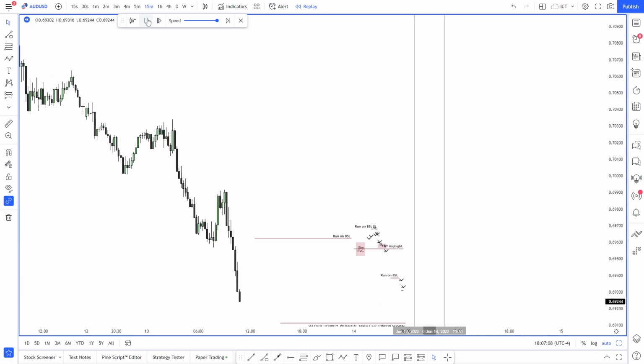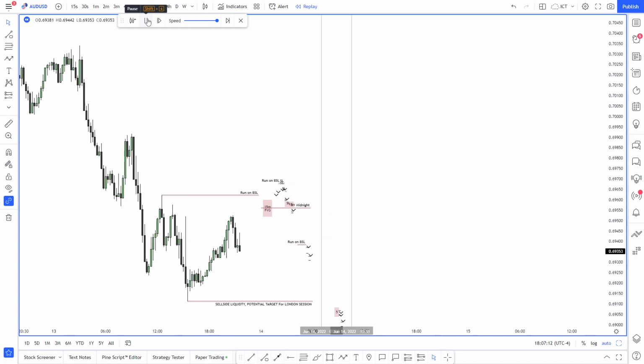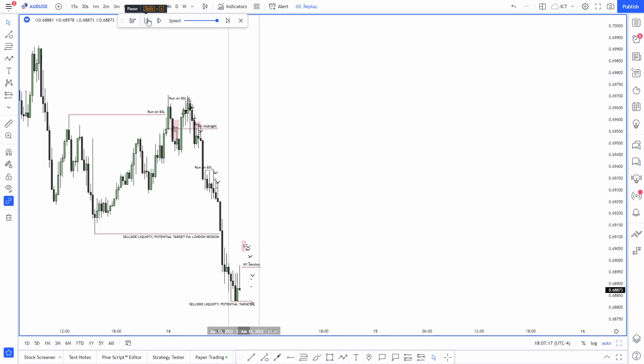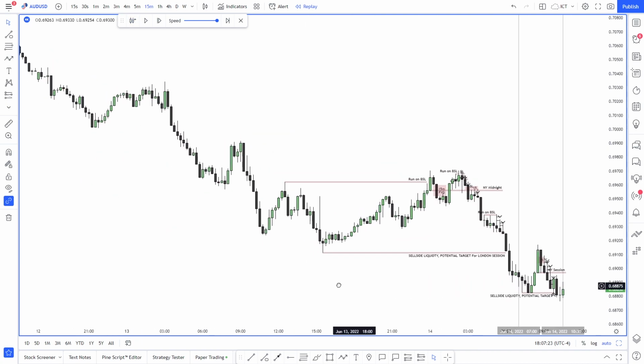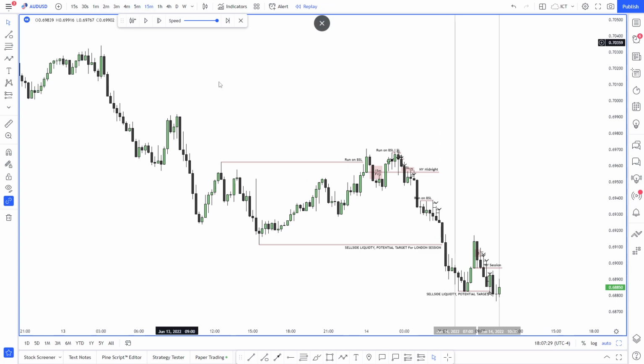Or of course could have held it all the way down to that close post New York session around 3 to 4 p.m. Again, I don't really remember what time specifically it was, but I just don't intend to hold trades that long, or to hold trades till the afternoon. I just don't like that.